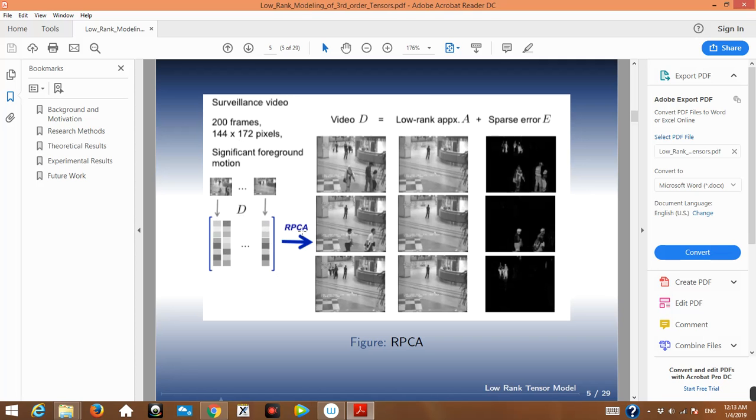And we can use robust PCA to separate this matrix D into the summation of two matrices. One is low rank, one is sparse.